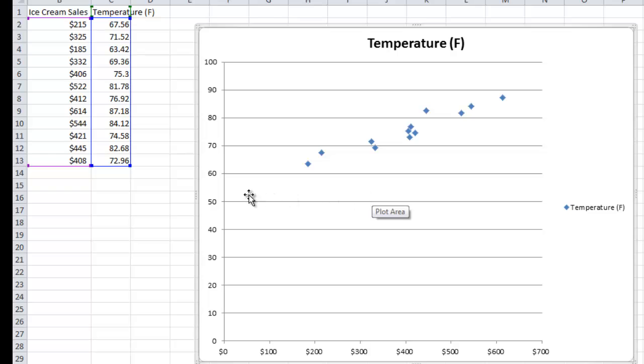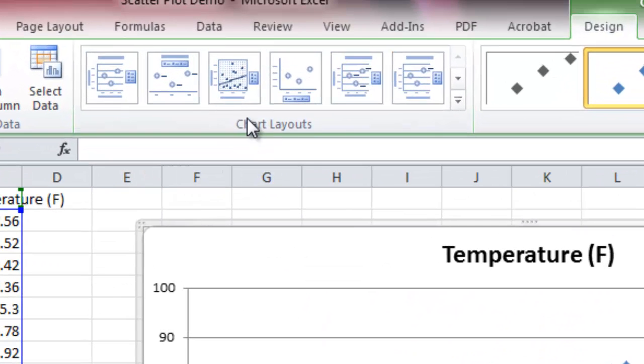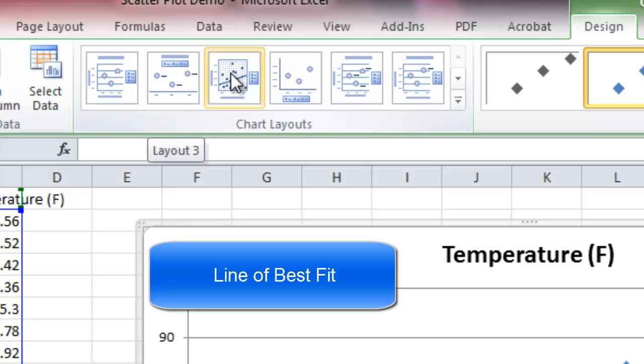Now, you can look at that and see, okay, as the temperature goes higher, the dollars tend to go up as well. Basically it goes upward towards the right. Now Excel has another type of chart though, where it will calculate what's called the line of best fit.